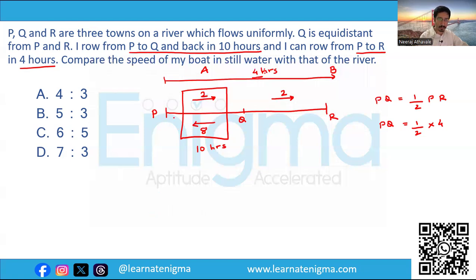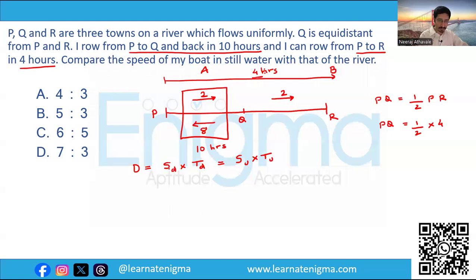Now we'll focus only on this distance PQ. Now we can have an equation like this. Distance is equal to downstream speed into downstream time is equal to upstream speed into upstream time.